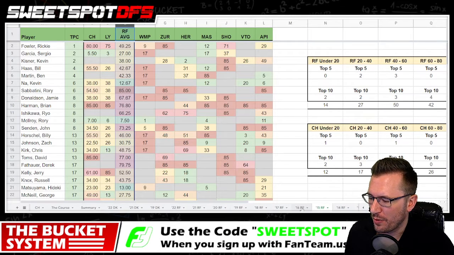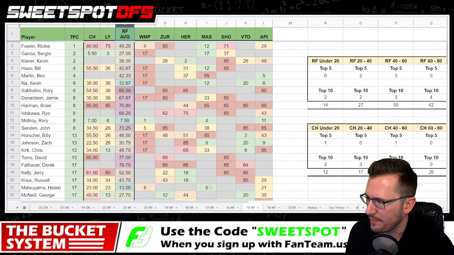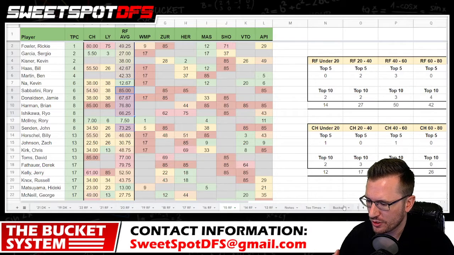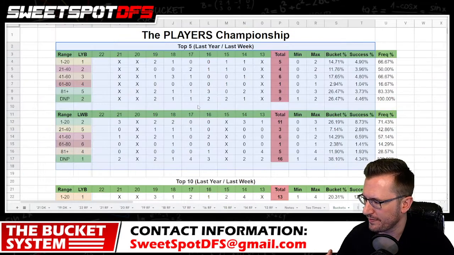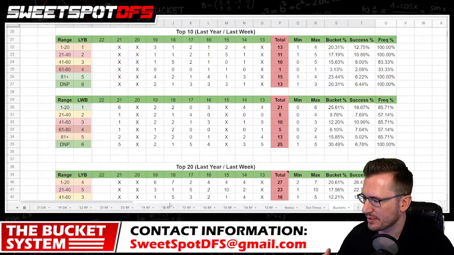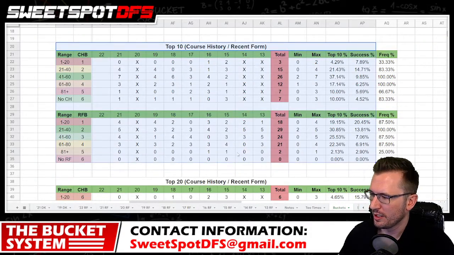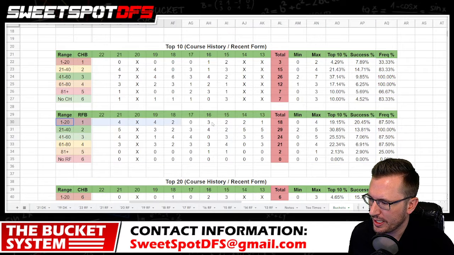So if I were to go to the bucket page in this recent form, just inside the top 10, we have 2 guys that had a 1 to 20 range for their recent form average. So if I go to the buckets and we go to 2015 for top 10s, go to the recent form, you can see that's right here. 2015, there were 2, right here.